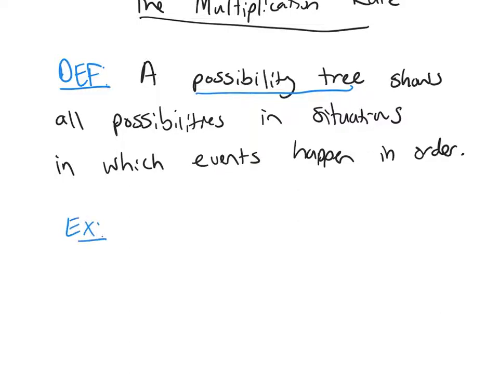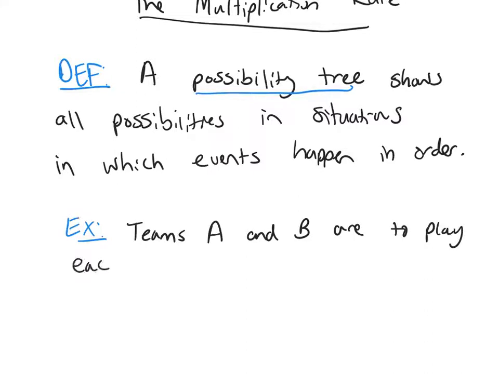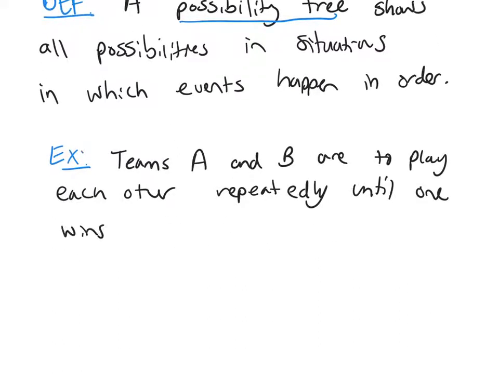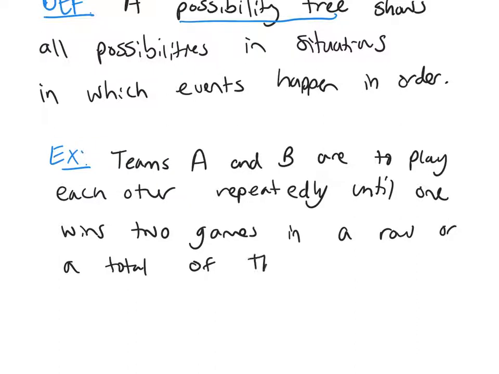Let's say I have two teams. I'll call the first team A and the second team Team B. And they are to play each other repeatedly until one wins 2 games in a row or a total of 3 games.